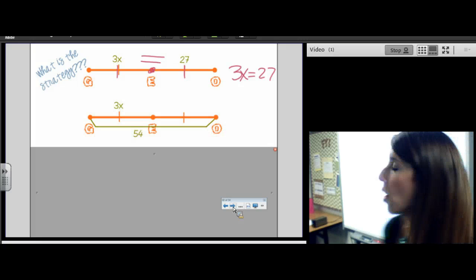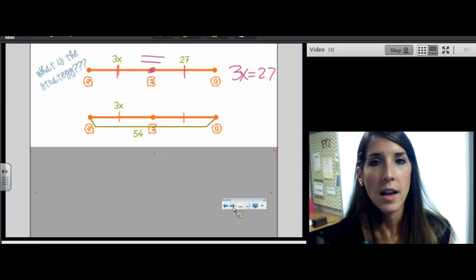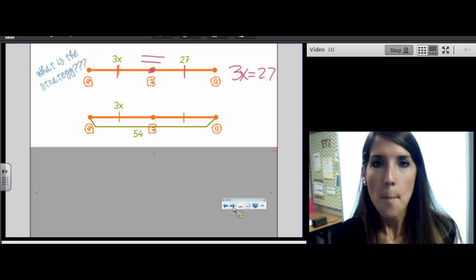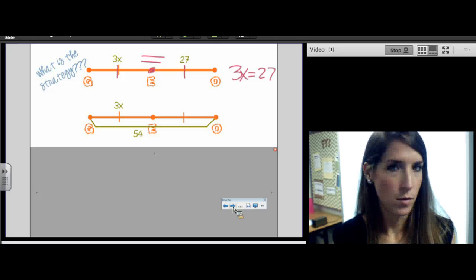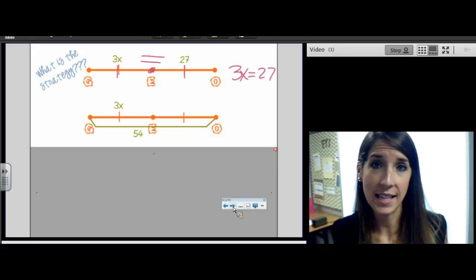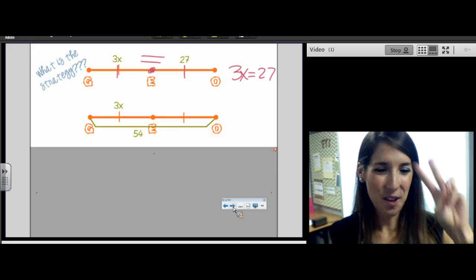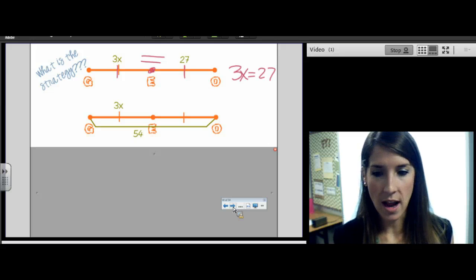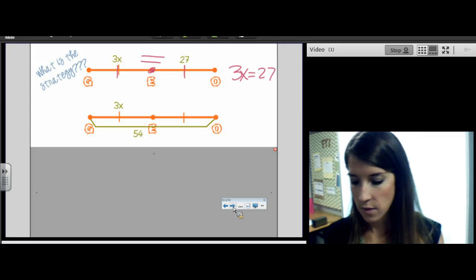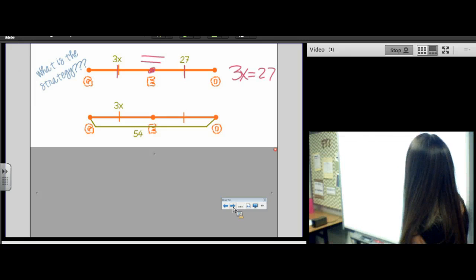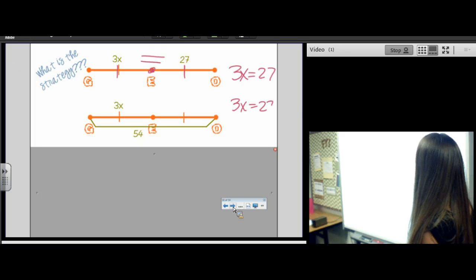Next one. Ooh. Is E still a midpoint? Yes. But did I give you a half and a half? No. I gave you a half and I gave you a whole. So be careful. On this one, you would not set 3x equal to 54. So you have two choices. I could take 54 and cut it in half, so I could set 3x equal to 27.